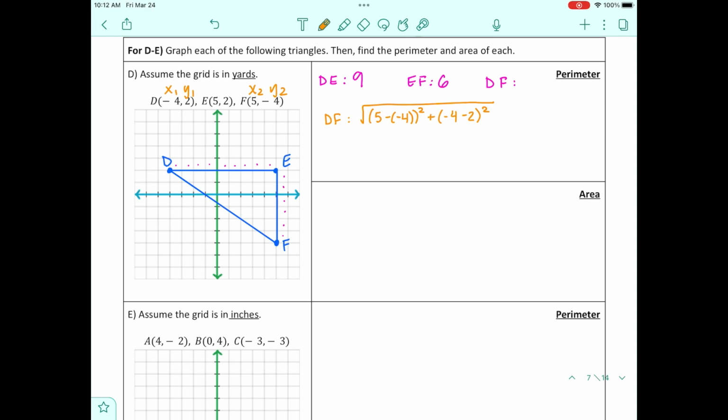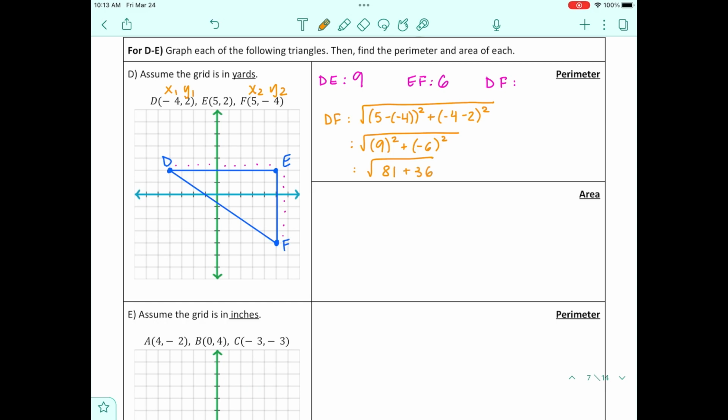Then I need to simplify each of those values. So if I go through, I have the square root of, let's see, 5 plus 4 would be 9 squared, plus -4 minus 2 is -6 squared. And I can simplify that. Square root of 81 plus 36.